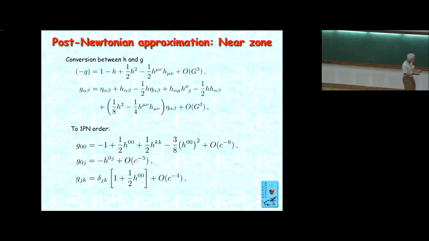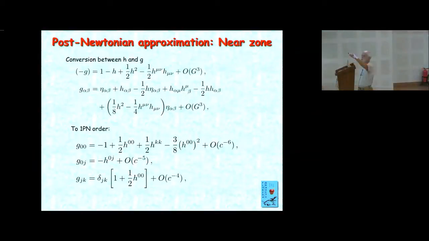And they're shown here. So here's the minus g. The determinant of the metric is 1 minus H. This is the trace of H, using the Minkowski metric.